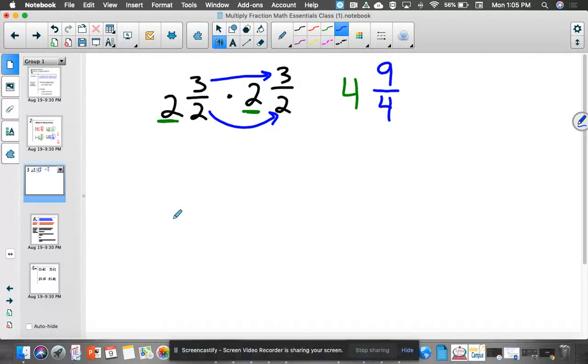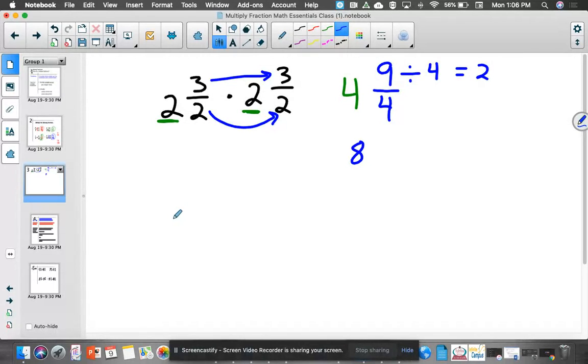Well, now we have an improper fraction. So we already know how to take care of this. We take 9 divided by 4, okay, is 2 and an odd number. So we know we have 2 extra. So 2 times 4 is 8.